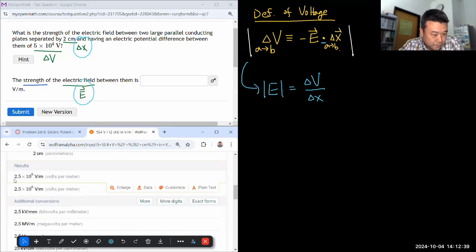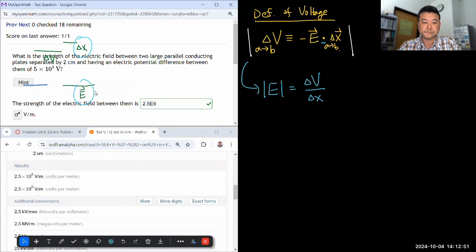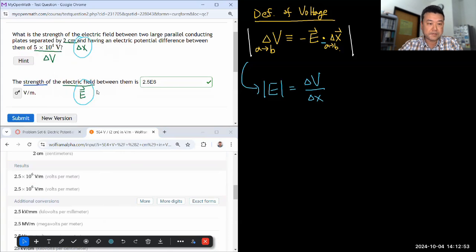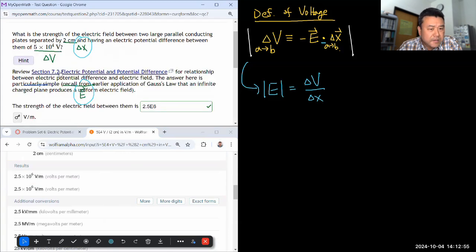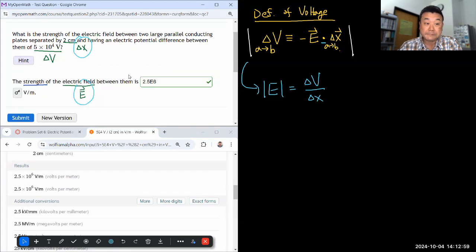But anyways, 2.5 times 10 to the 6. So I should be able to enter this as 2.5 times 10 to the power of, that's what E means, 6. So yeah, that's the question. What was the hint going to say? Yeah, it's basically what I wrote down here.